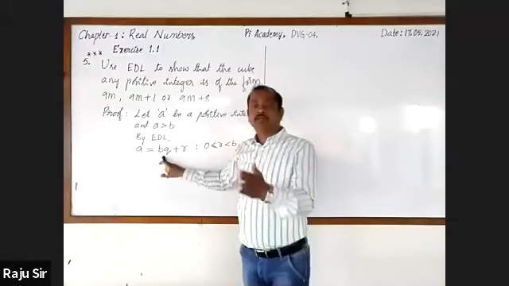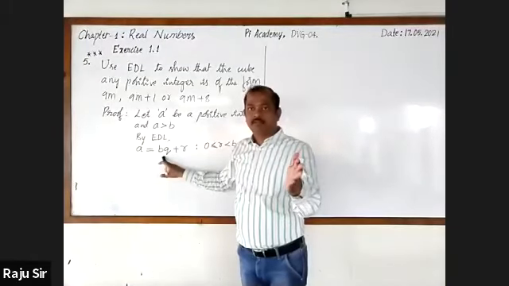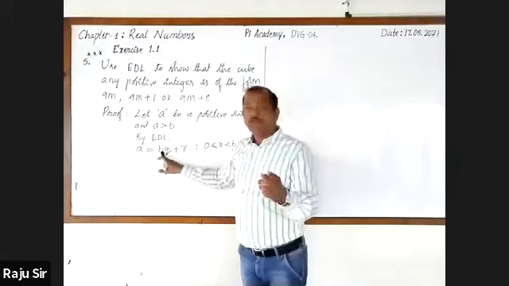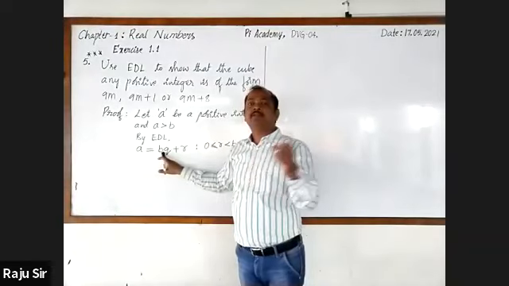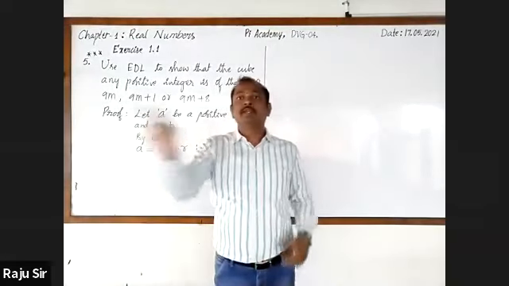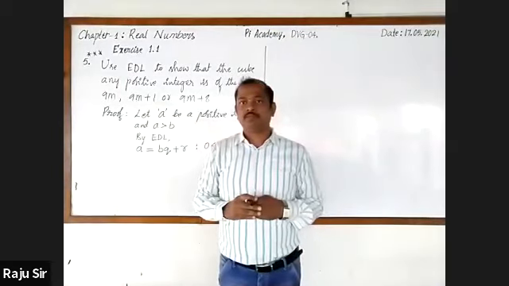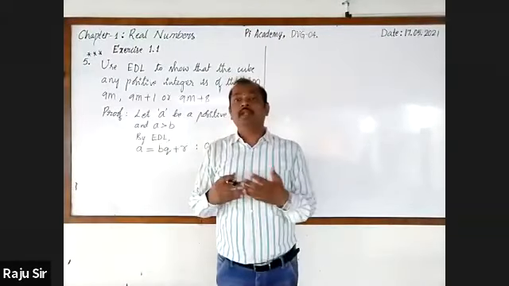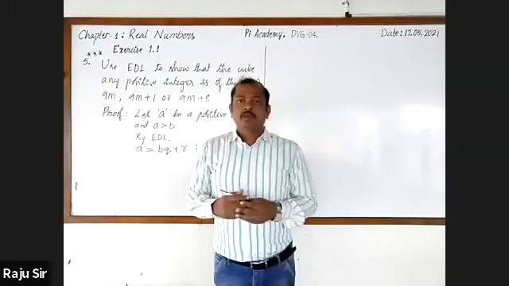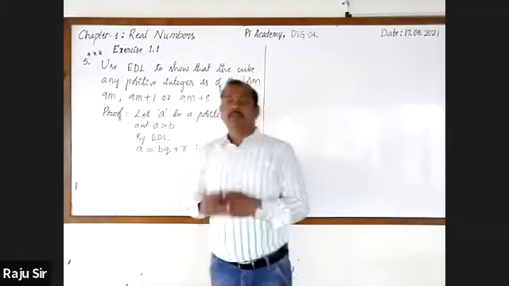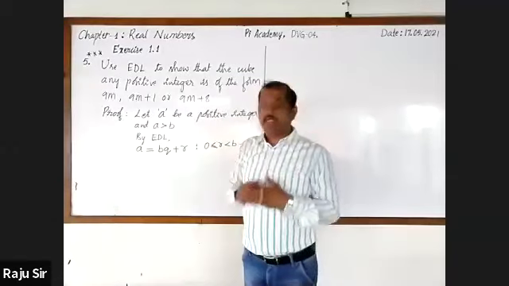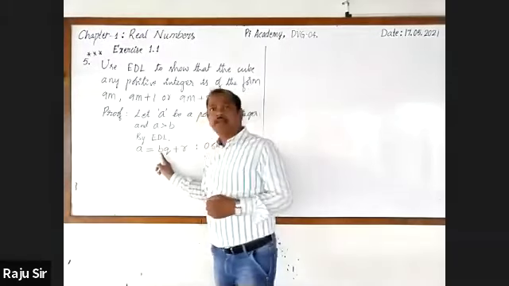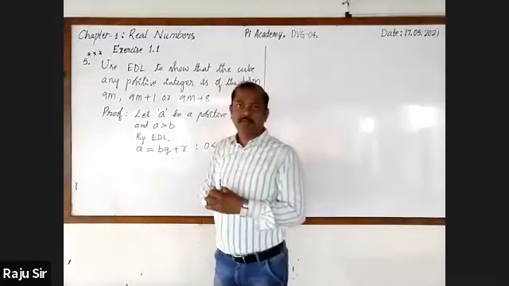If it is so, then what will be the possible remainders? If 9 is the divisor, the possible remainders will be 0 to 8. If r equal to 0, r equal to 1 and up to 8, it takes a lot of time. So to save time, the best thing we can do is take 3 in place of b.